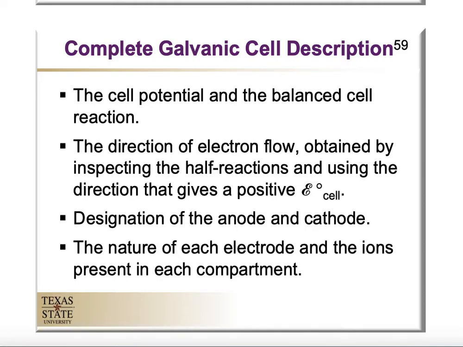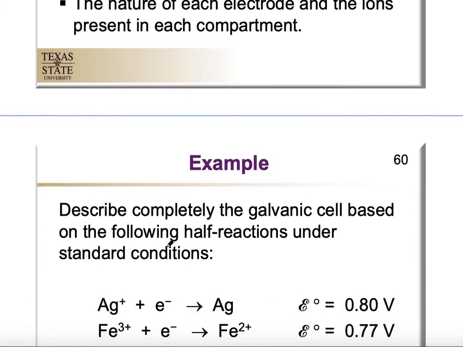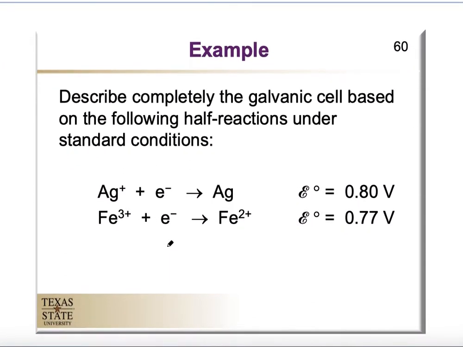We're going to designate which one is the anode and which one is the cathode. We're going to look at the nature of each of the electrodes, like are we going to use an electrode that is part of the reaction, or something else like a platinum electrode. And we're also going to look at what ions are in each compartment. So let's go ahead and do that, and we're going to draw a picture and show how everything comes together into a galvanic cell.